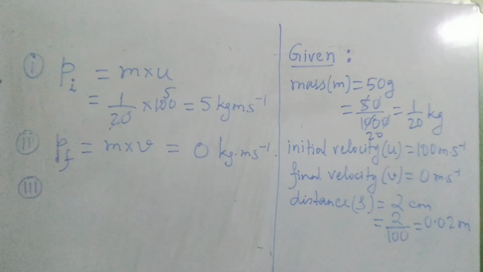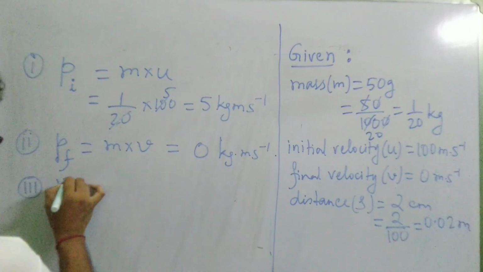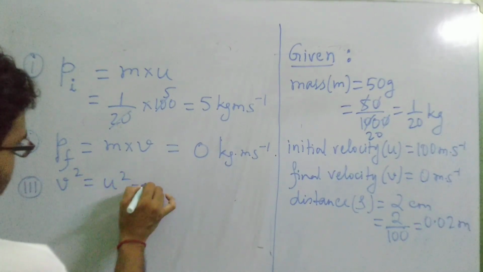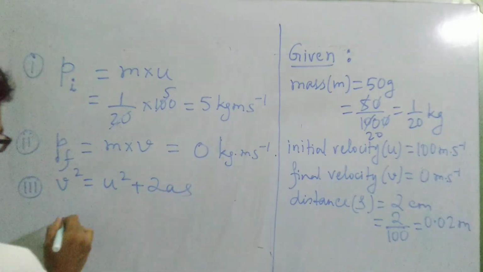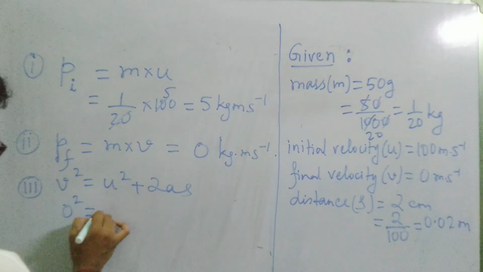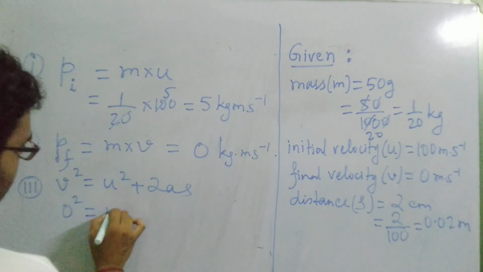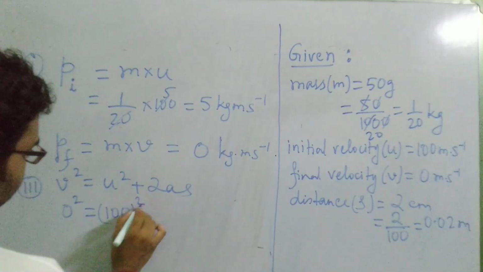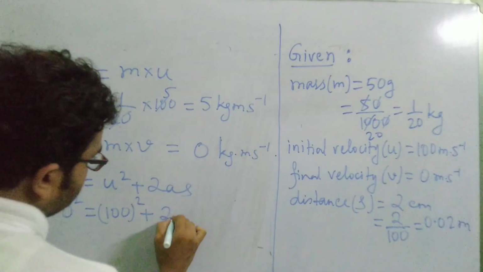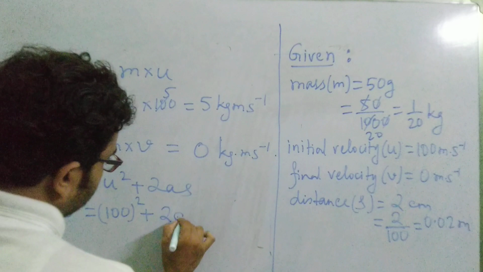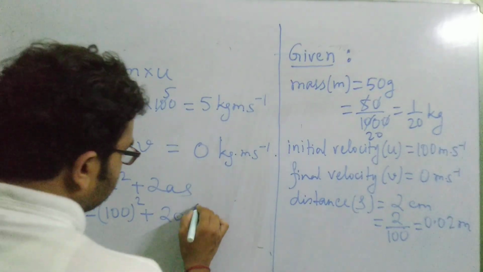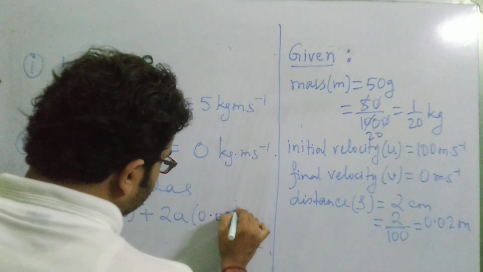Retardation can be obtained by the formula v square equals u square plus 2as. v square is 0, u square means 100 square, plus 2 into retardation, which we do not know, so let us consider it to be acceleration a, multiplied by 0.02.